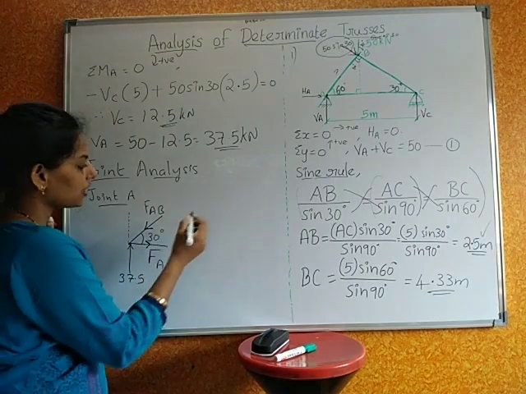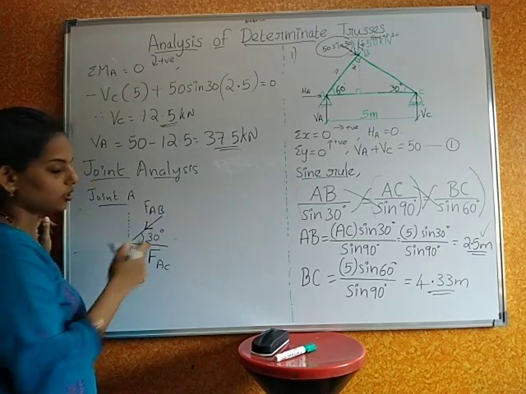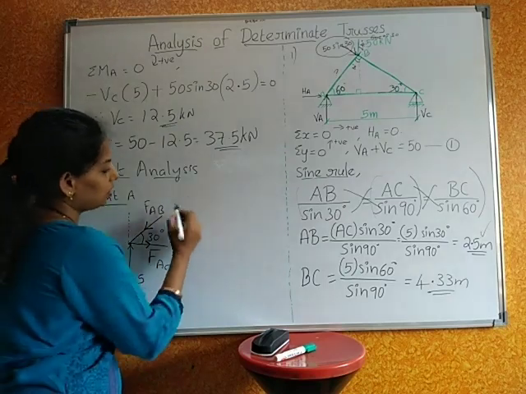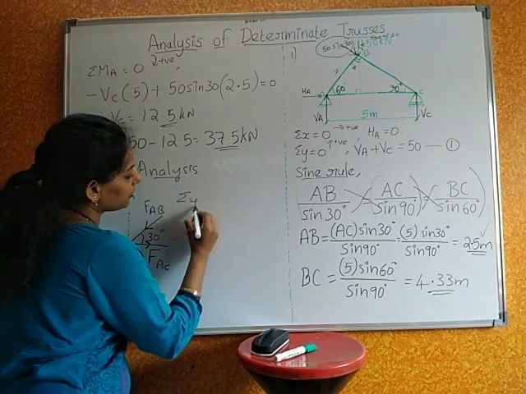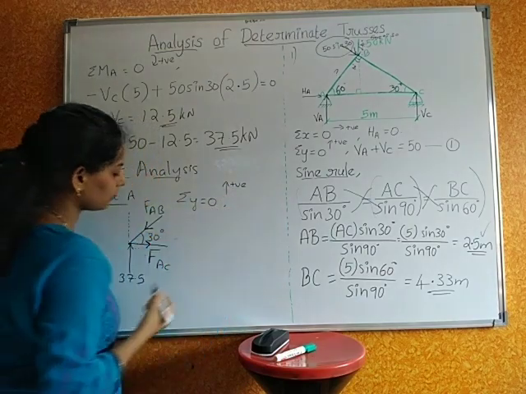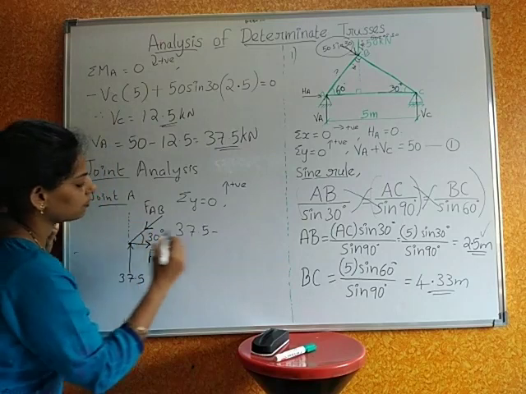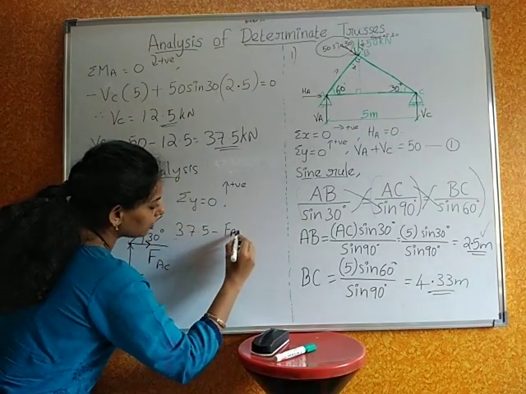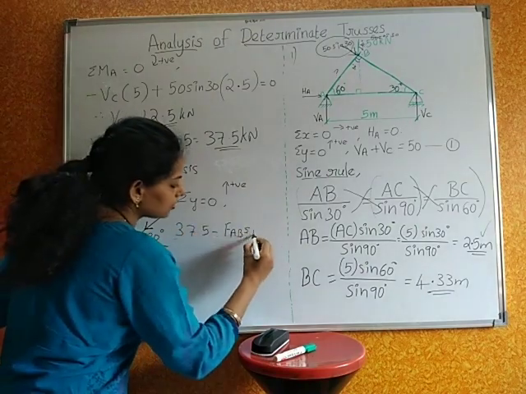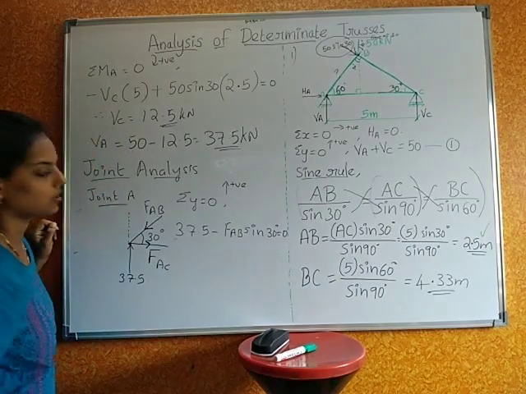Next, by using the equilibrium equations, summation x and summation y, find out the member forces. First, the known is in the vertical direction, so consider summation y equal to 0, upward as positive. So it is plus 37.5 minus FAB sine 30, resolving, equal to 0.